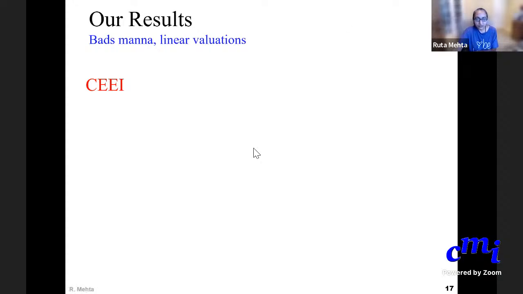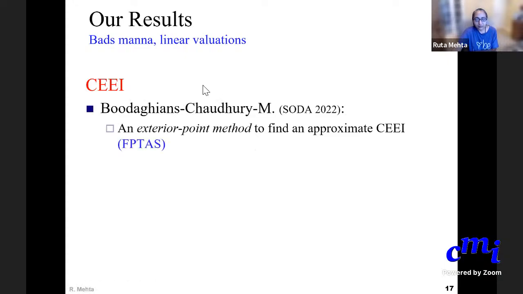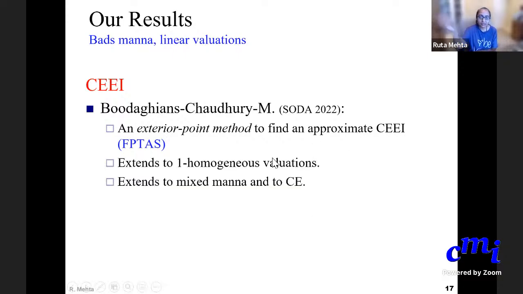So what we show, and I'm just giving you the result for only chores and linear valuation, is an exterior point method. The highlight of this result is this new method, called the exterior point method. Through this, we compute approximate CEI, where everything is exact, only that the money people have to earn need not be exactly one.